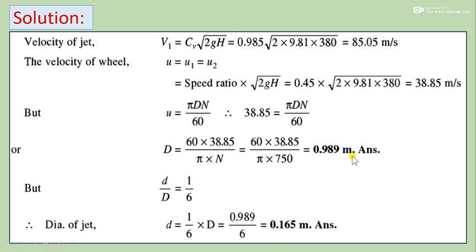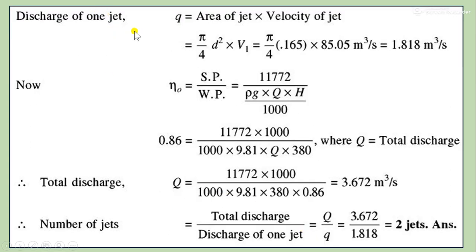This is one answer. Then we are given the small d to capital D ratio, that is 1/6. By using this ratio, we can obtain the diameter of the jet in meters. Next, as we know, jet discharge is pi/4 d square into V1. So here the jet diameter and V1 we already calculated.